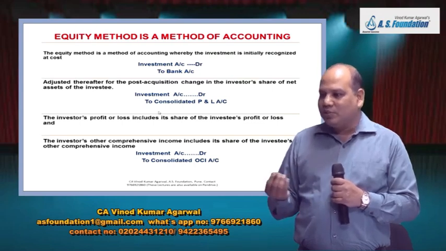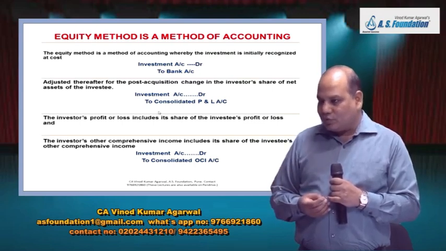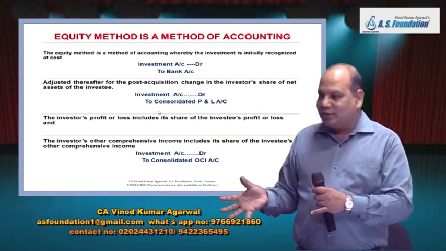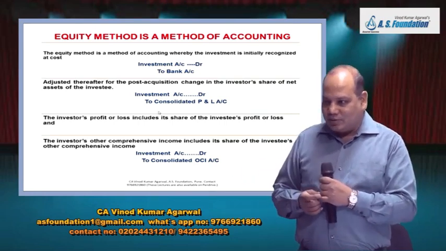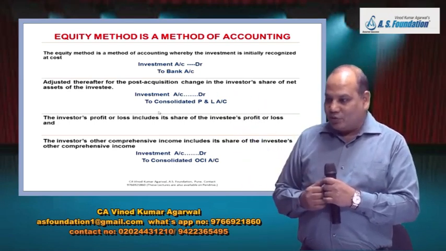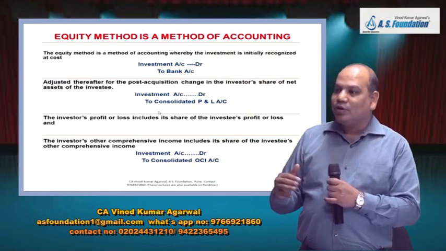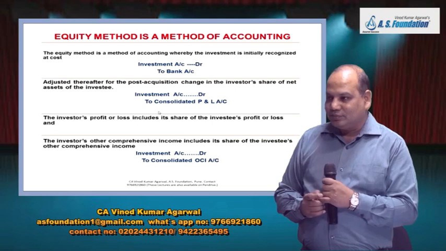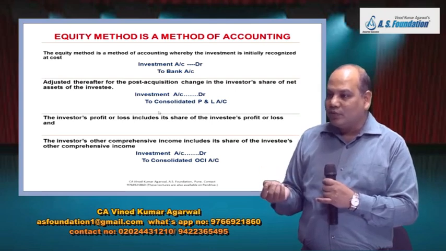Suppose we just have 20% stake, but that is too low a stake to claim a stake in the net asset of that company. Is it right? Because 80% may be with others. So we can't go to the extent of recording the entire net asset of the associate, because we just have significant influence.